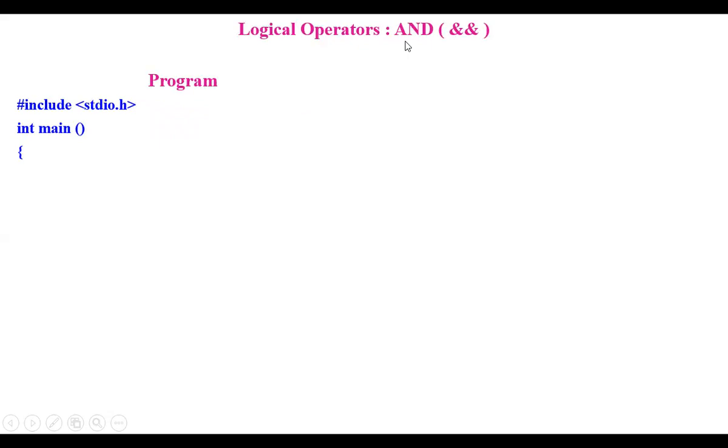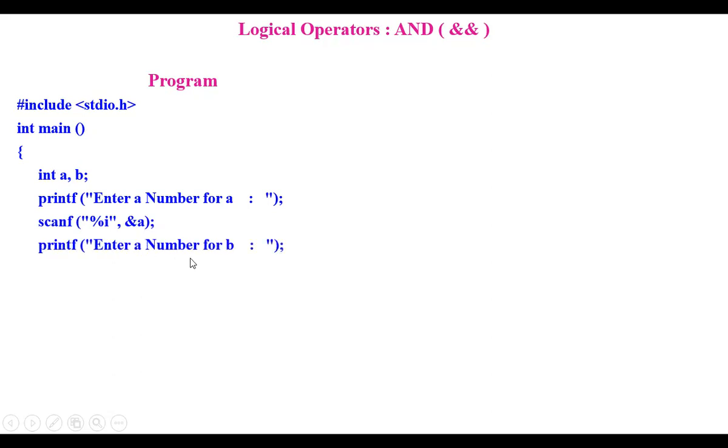Logical operators, let us see AND. It is the double ampersand, and this is the logical AND symbol. Suppose I have taken two integer variables A and B, asking for the value of A and assigning it to A, and asking for a value of B and assigning it to B. And here the AND condition is written.